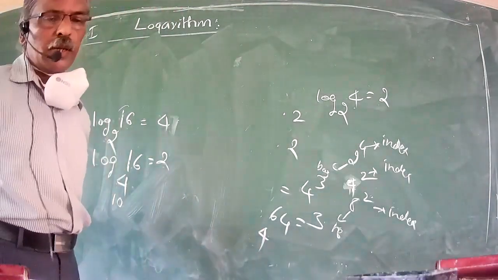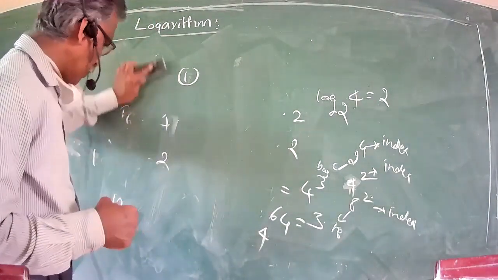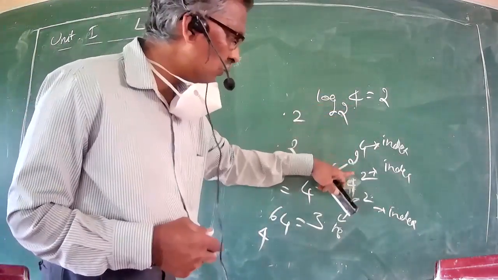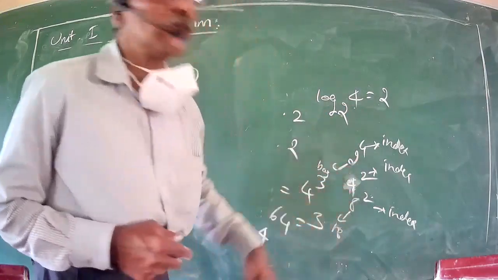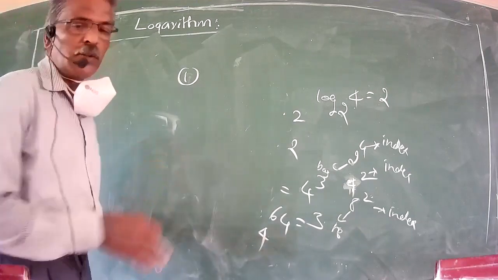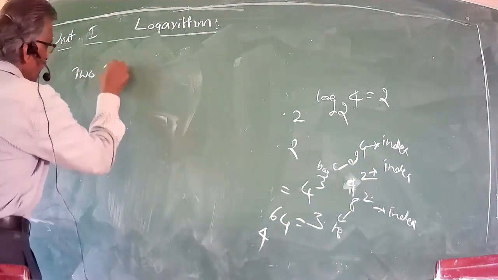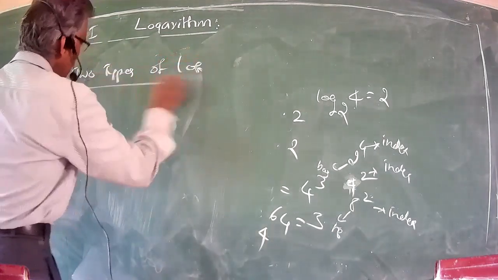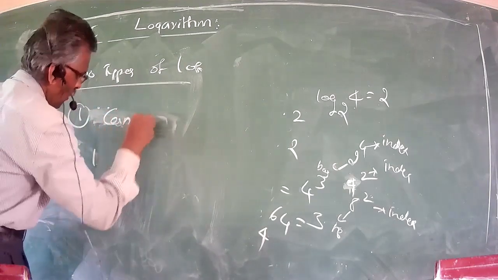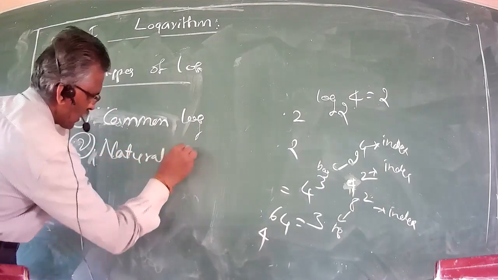There are two types of logarithms. One is common logarithm, second is natural logarithm.